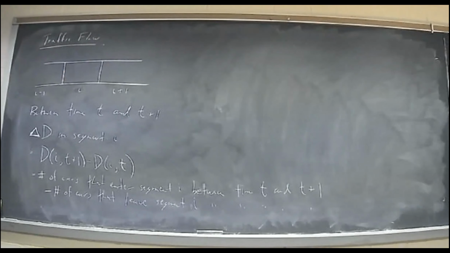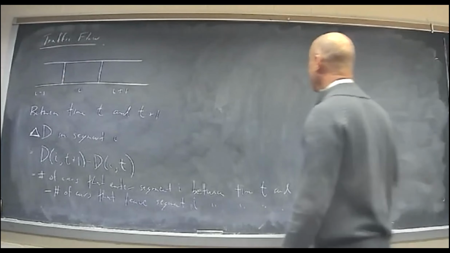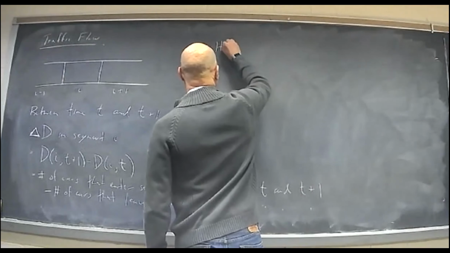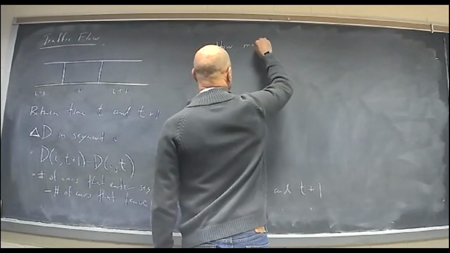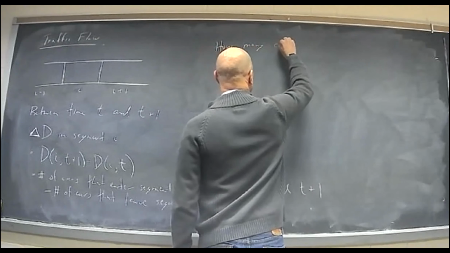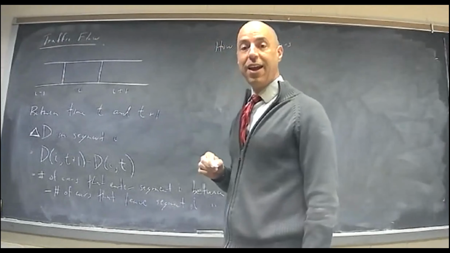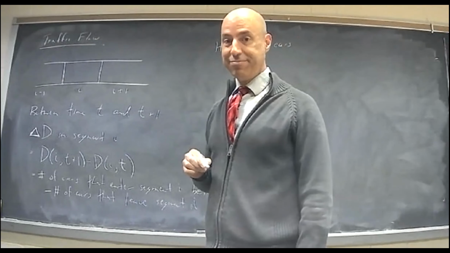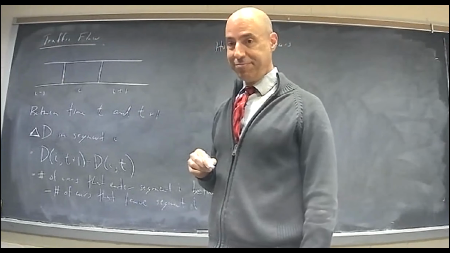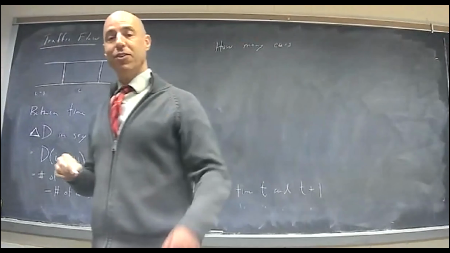So let's figure out how many cars are entering. If all of them are moving at 60 miles per hour, then the number entering would just equal the number in the previous cell.